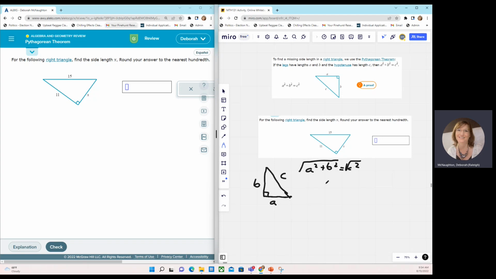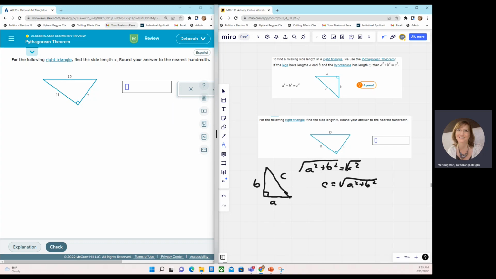So C is the square root of A squared plus B squared. Now I can always use this to solve the problems using my ALEKS calculator.